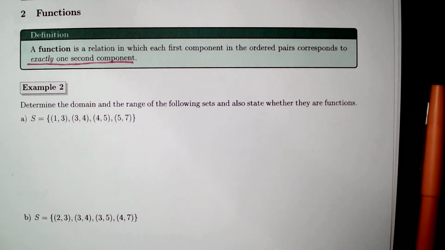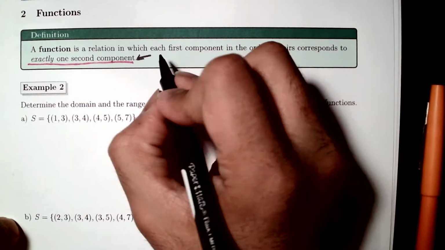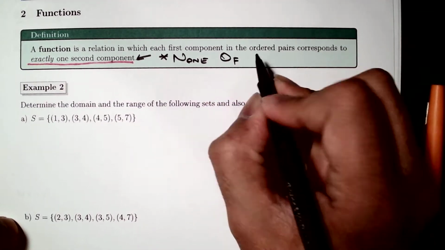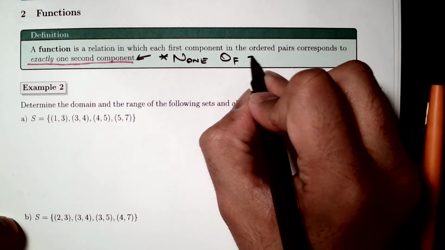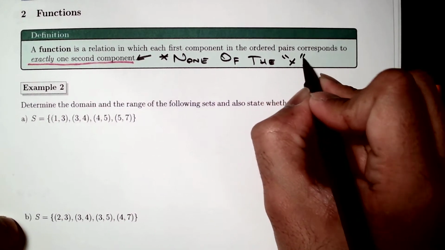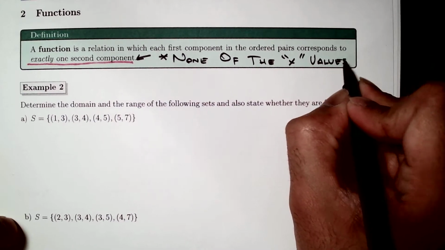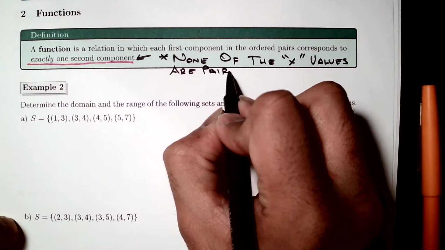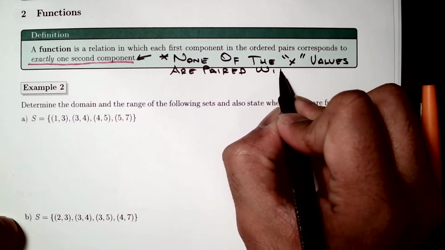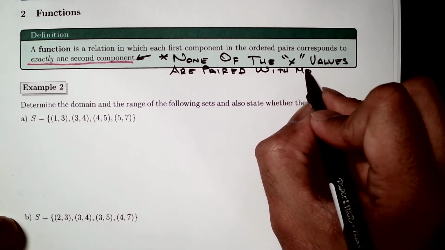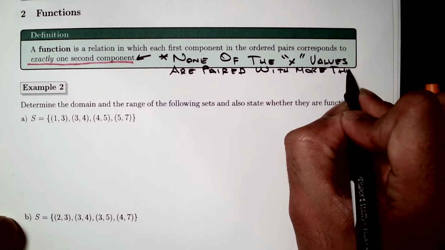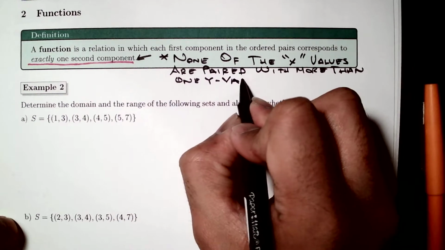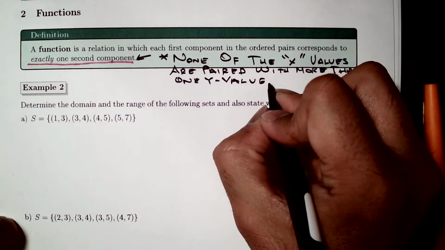Well, this is telling us that none of the x values are paired with more than one y value. Okay, that's one way to spell this out.